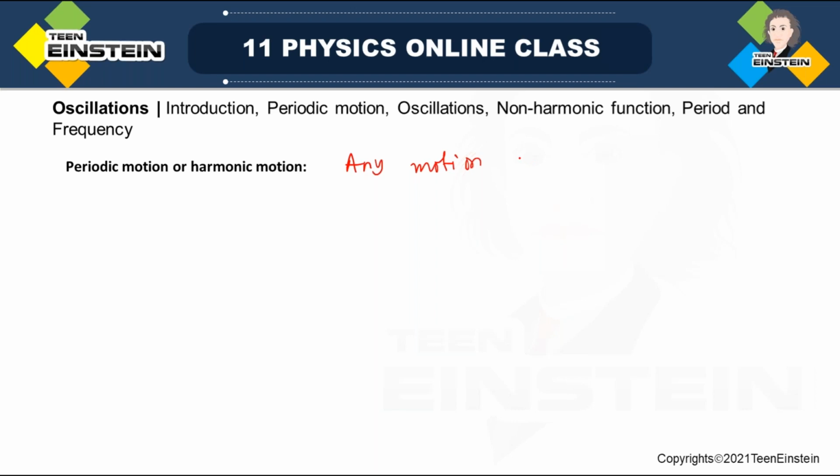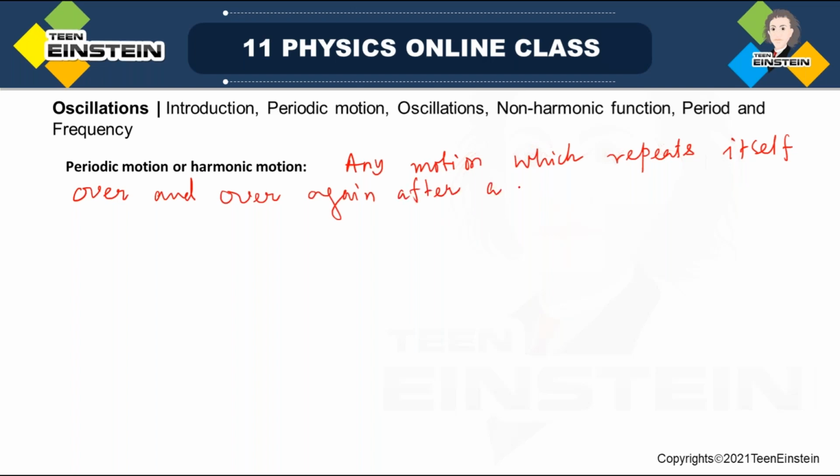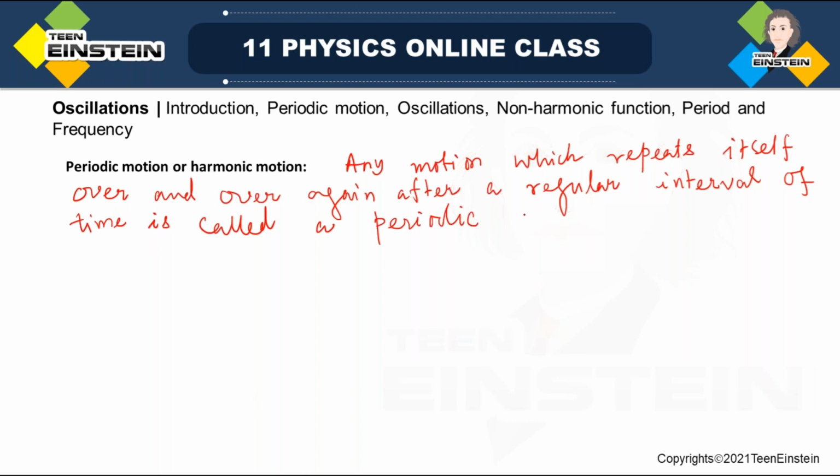Any motion which repeats itself over and over again after a regular interval of time is called a periodic or harmonic motion.